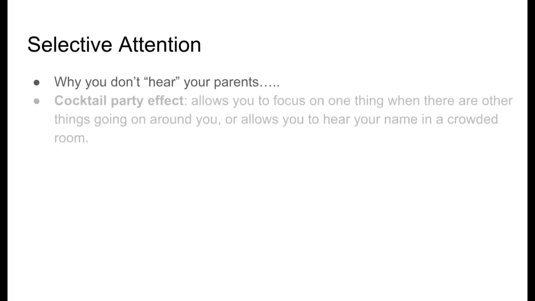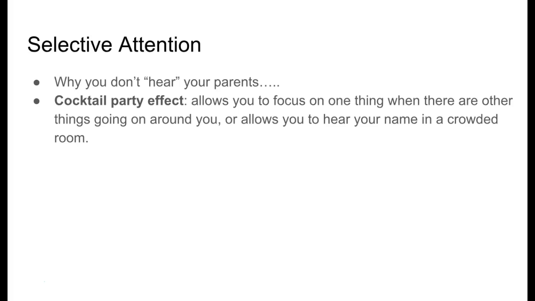Selective attention. Why you don't hear your parents or your teacher? Well, part of this is the cocktail party effect. And this would not explain why you don't hear your parents. This would explain why you can hear your parents in a crazy crowded room.